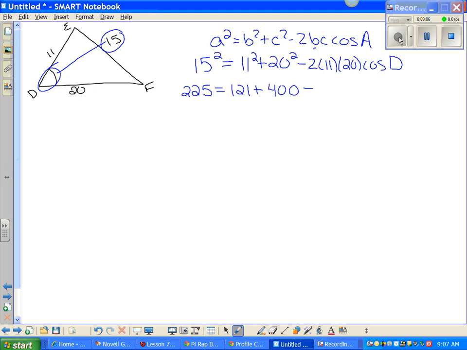Now what? Multiply those numbers. Sure, what do we get? 2 times 11 is 22 times 20, which is 440. Good. That's a start. Now what? Good idea. Let's add 121 and 400.